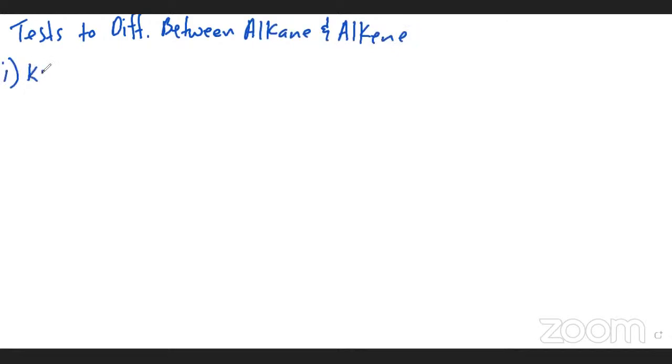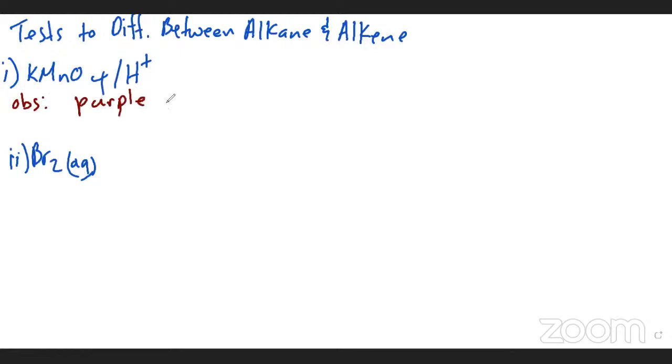So you can use KMnO4, or you can use bromine water. Tell me your observations quickly. The potassium permanganate changed from purple to colorless. All right, purple to colorless.